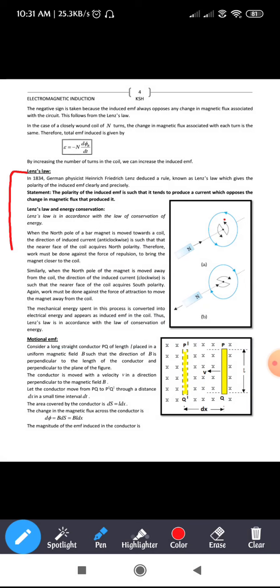Now this Lenz's law is regarding the conservation of energy. Let us see how it is related to the conservation of energy.